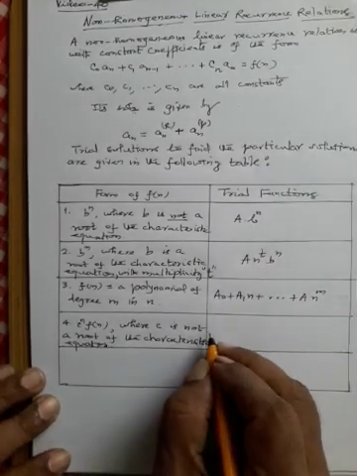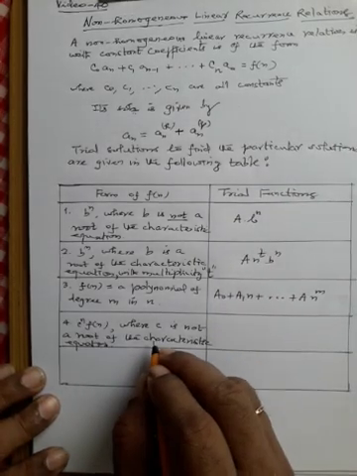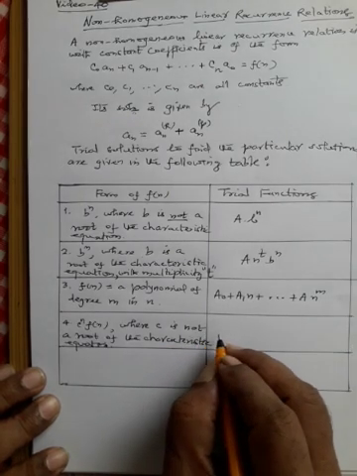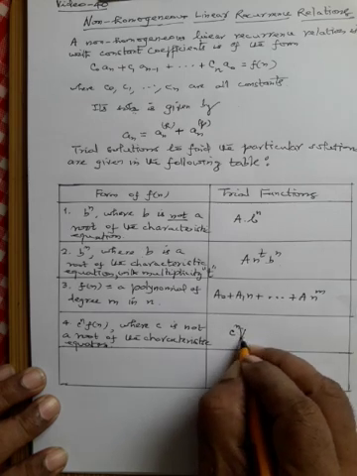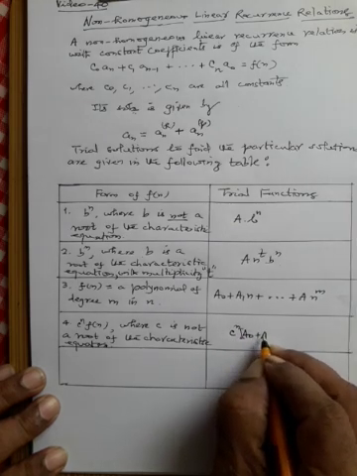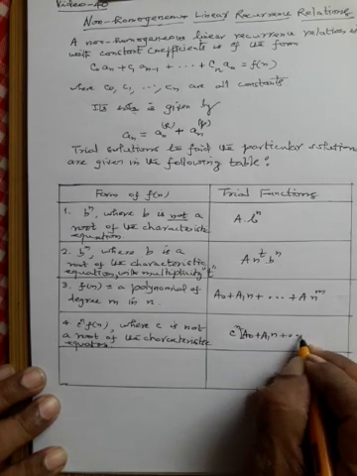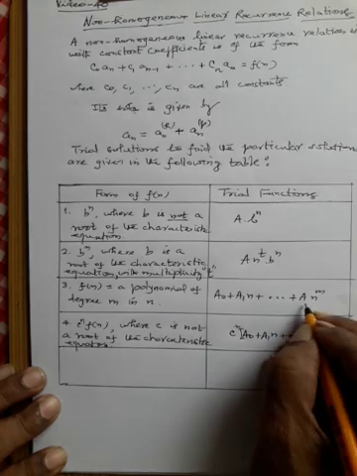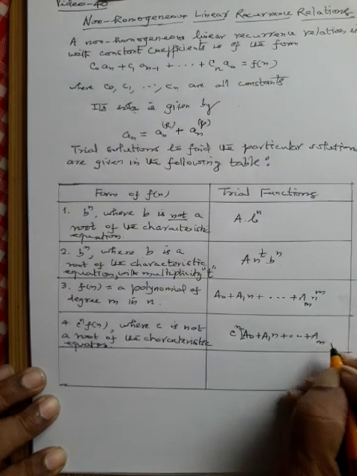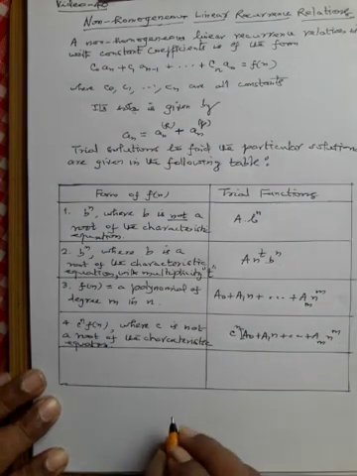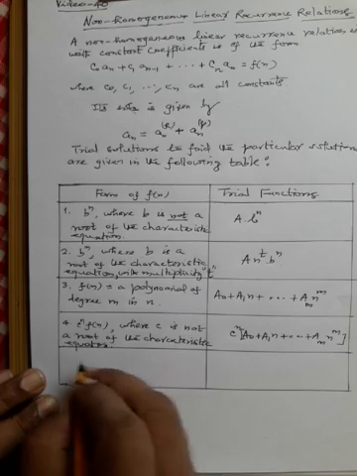In this case we write the trial function as c power n times (a0 plus a1 n plus etc. plus am n power m). Close the bracket.